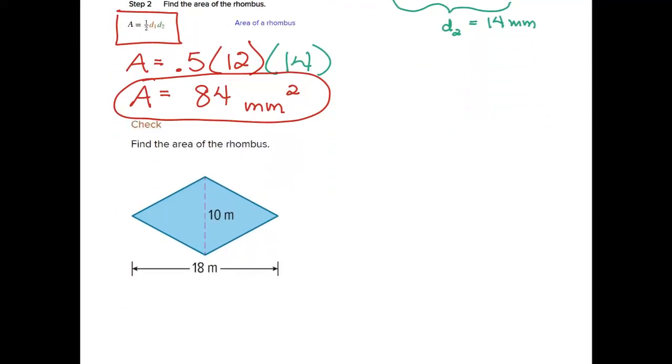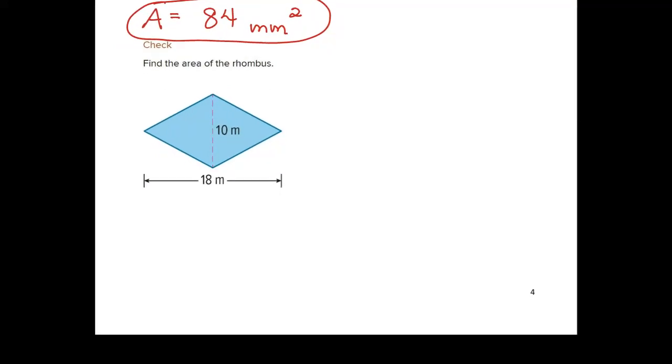All right. So take a look at the one at the bottom. It says find the area of the rhombus. In a rhombus, we know all of these sides are congruent. See if you can do this one on your own. Find the area of the rhombus. So write the formula first. Second, we need to substitute the values in.